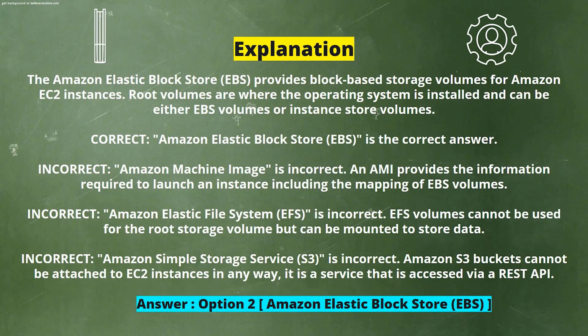An AMI provides the information required to launch an instance, including the mapping of EBS volumes. Incorrect. Amazon Elastic File System, EFS, is incorrect. EFS volumes cannot be used for the root storage volume but can be mounted to store data. Incorrect. Amazon Simple Storage Service, S3, is incorrect. Amazon S3 buckets cannot be attached to EC2 instances in any way. It is a service that is accessed via a REST API.